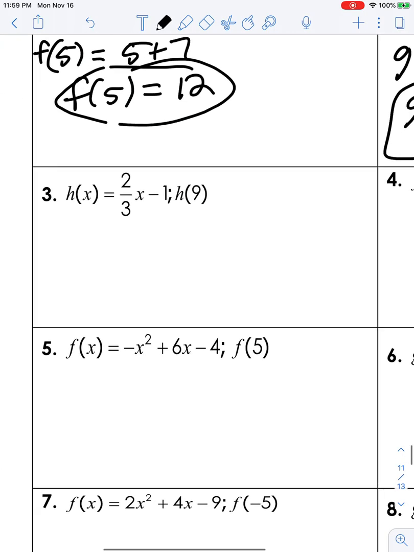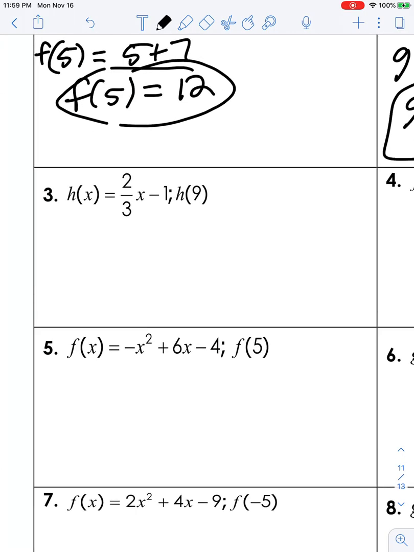All right, next one. Okay, it wants to know the answer when you plug 9 in for x. So it's going to be h of 9. And again, the left side, you don't do anything, okay? It's just saying, hey, I'm plugging 9 in for x, all right?